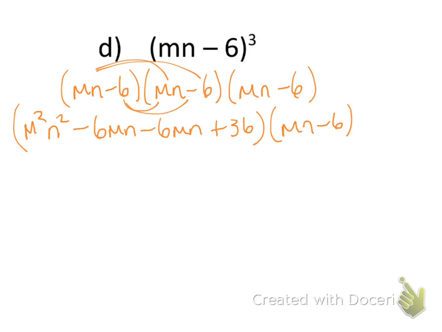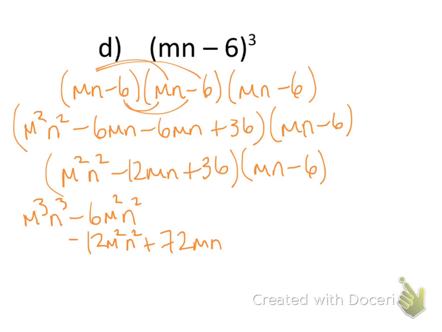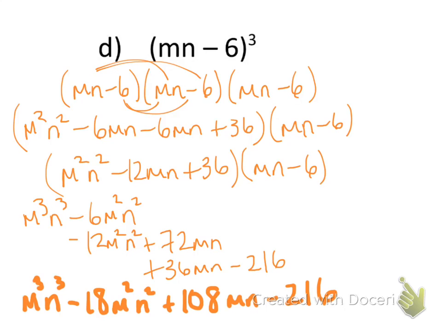Combining like terms, and now I need to multiply everything in the first parentheses by everything in the second parentheses. Adding all my like terms together, I get m cubed n cubed minus 18m squared n squared plus 108mn minus 216.